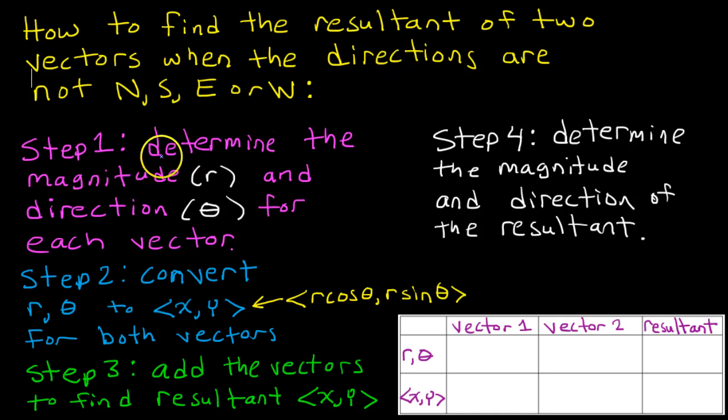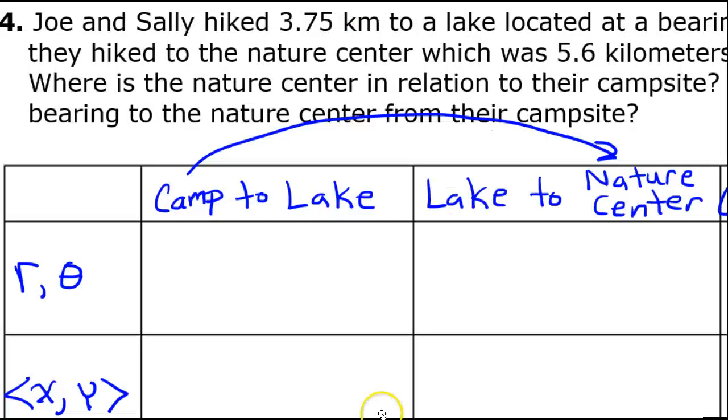Step 1, determine the magnitude and direction for each vector. So magnitude and direction, r and theta. From the camp to the lake, the magnitude of that leg of the trip was 3.75 kilometers.